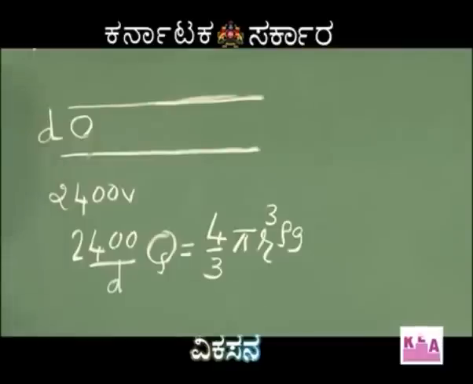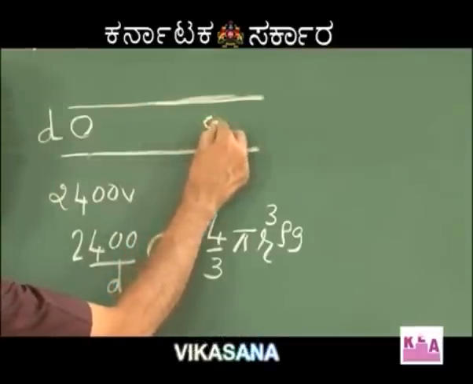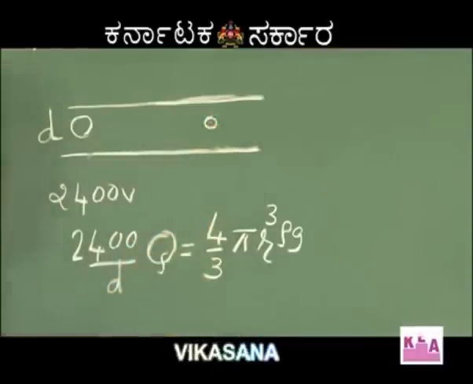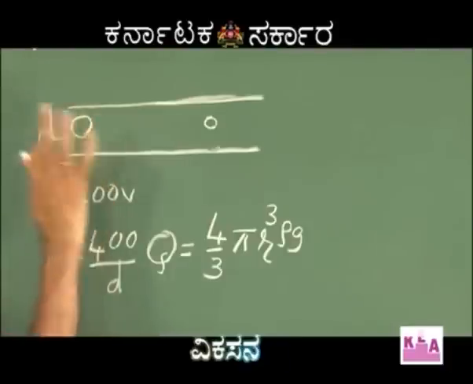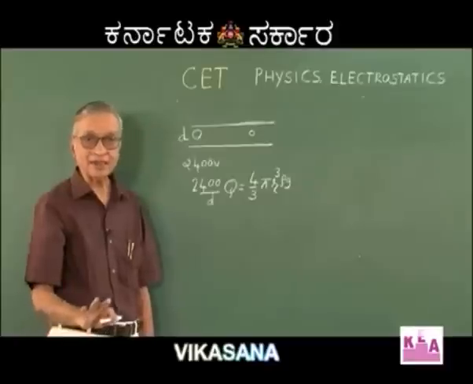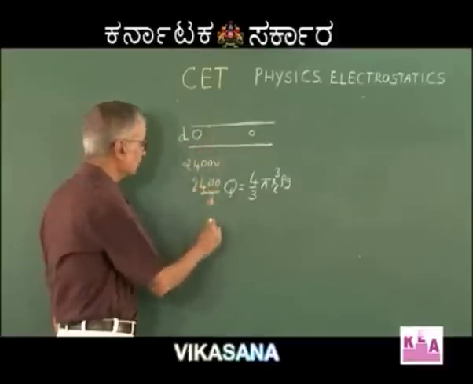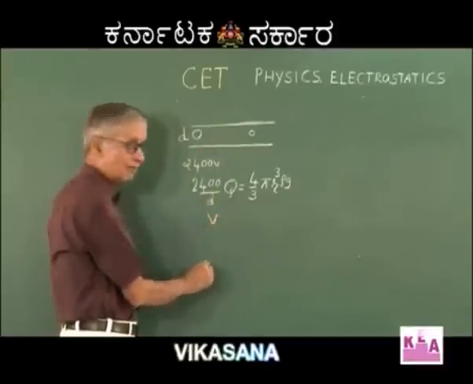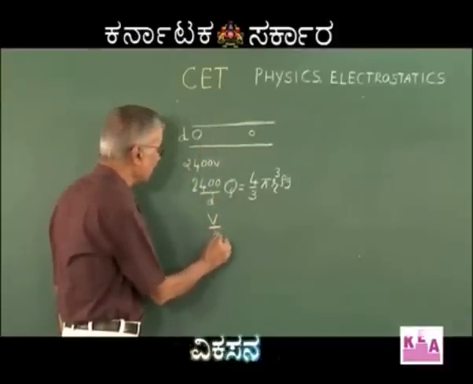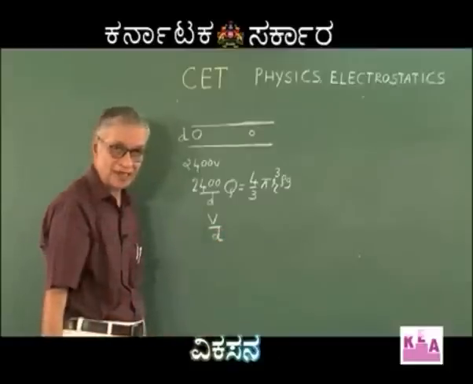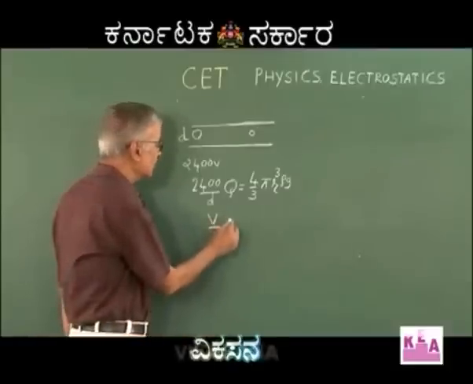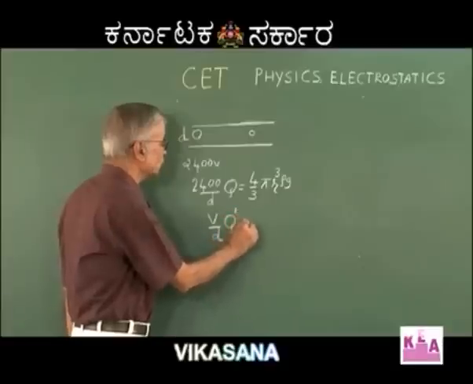If there is another drop with a radius half, if it should remain stationary, we are required to find what is the potential difference between the plates. Let potential difference between the plates be phi. Plate separation again being d, it is phi divided by d. Suppose the charge on the drop is q dash.